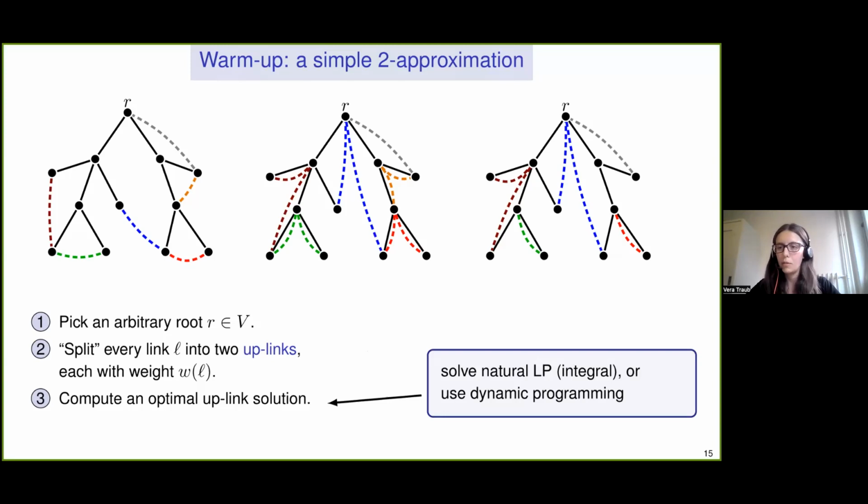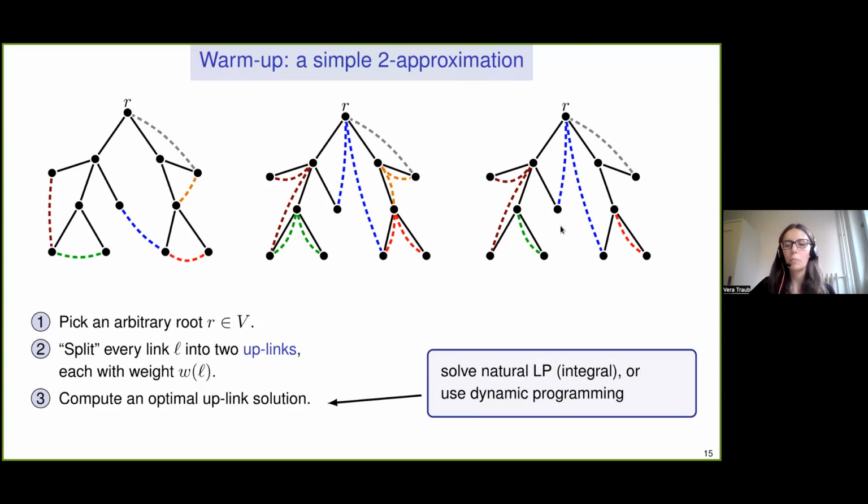One way would be to write down the natural LP, linear programming relaxation, and it turns out that this relaxation is integral. Another way would be to use a dynamic programming algorithm that goes bottom up over the tree. Also with this, one could compute an optimal solution that contains only uplinks.